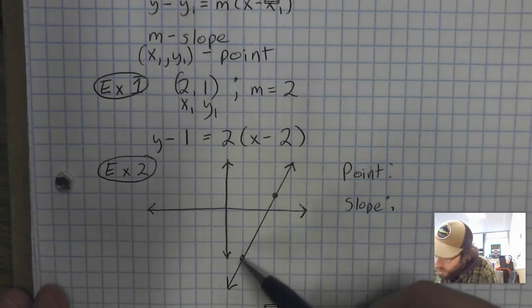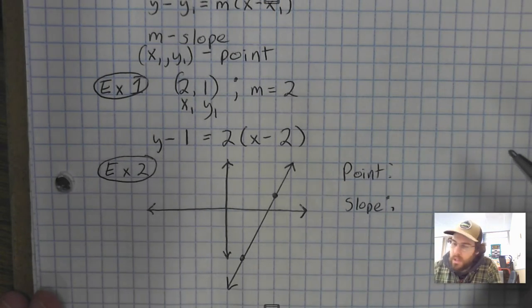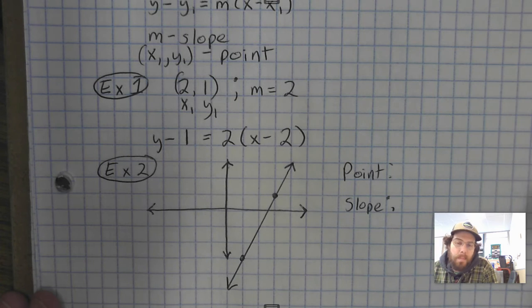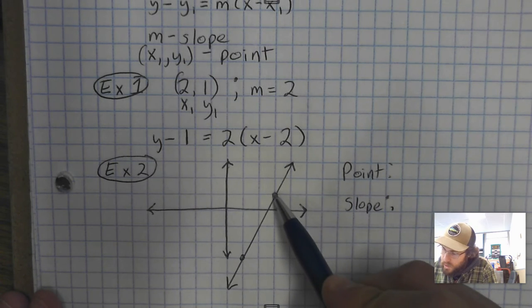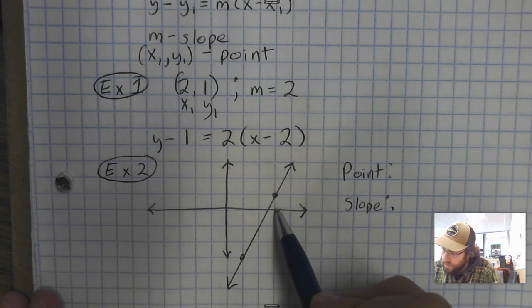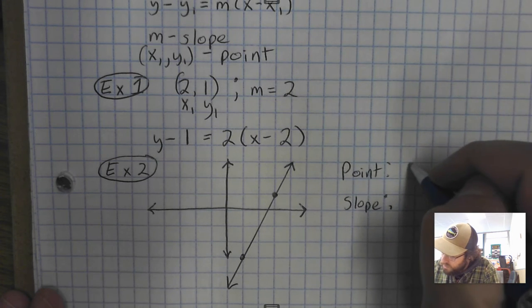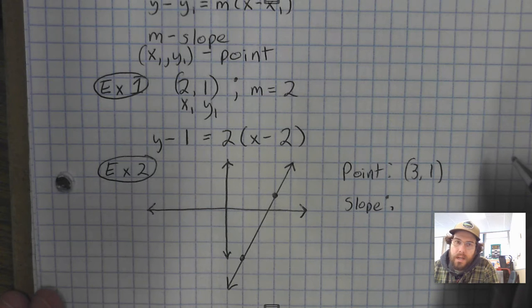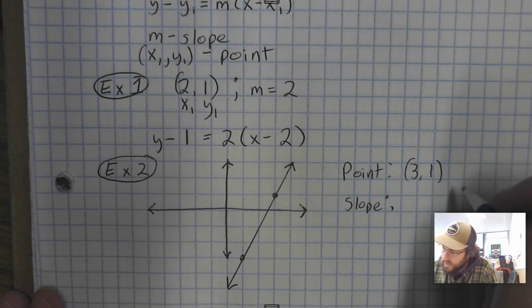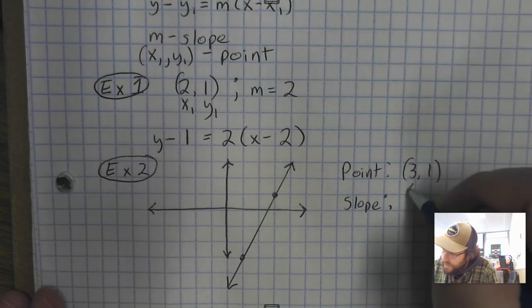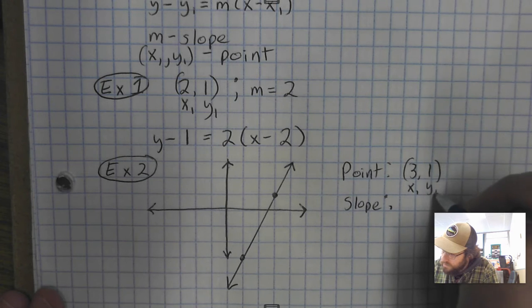So let's pick one of these points. Either point works. It does not matter. I like positive numbers, so I'm going to use this point. This point is over 3 up 1. It's the point 3, 1. We're going to need to put it into this equation. So I'm going to label that 3, 1, x1, y1.